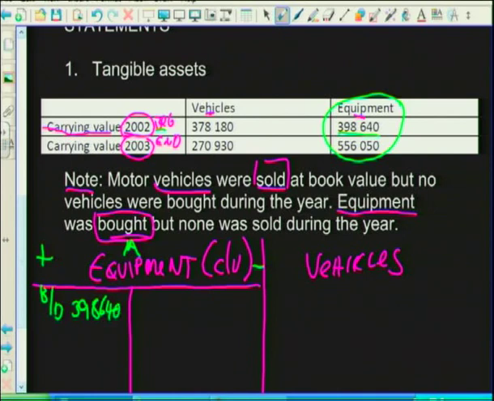So that was my balance at the beginning of the year. My balance at the end of the year for equipment, the carried down balance, is an amount of 556,050.